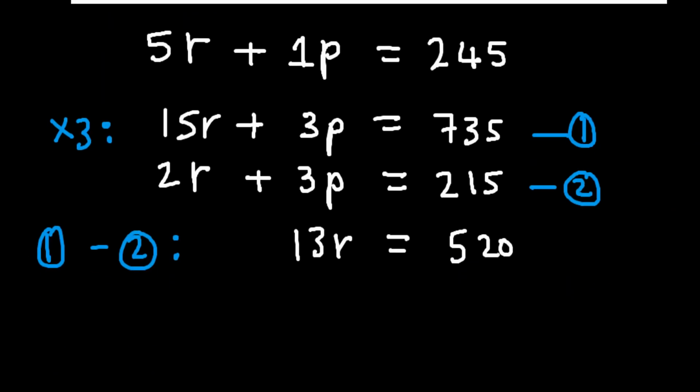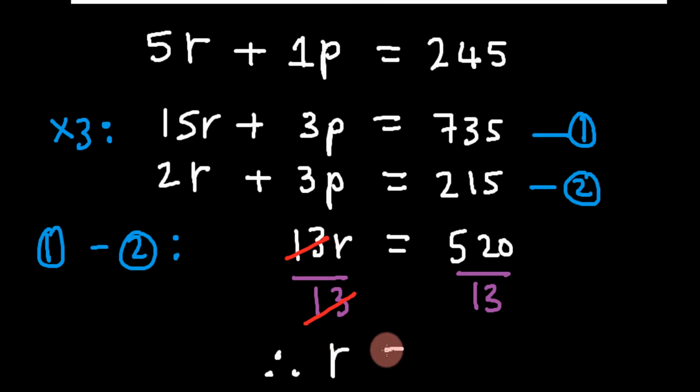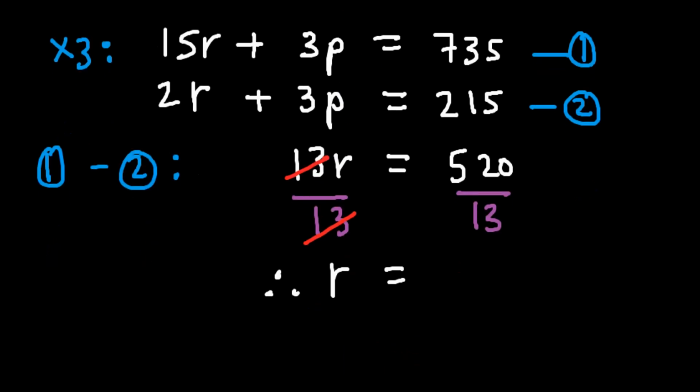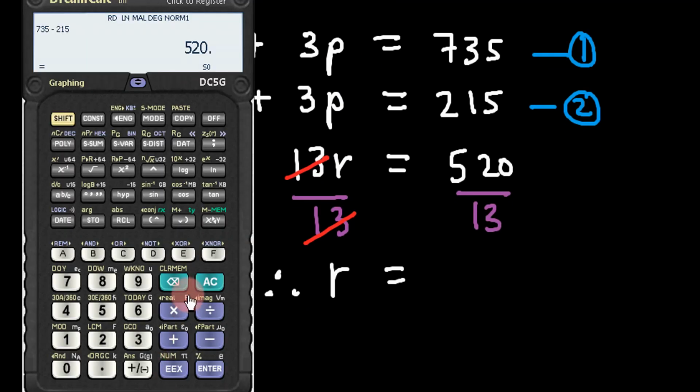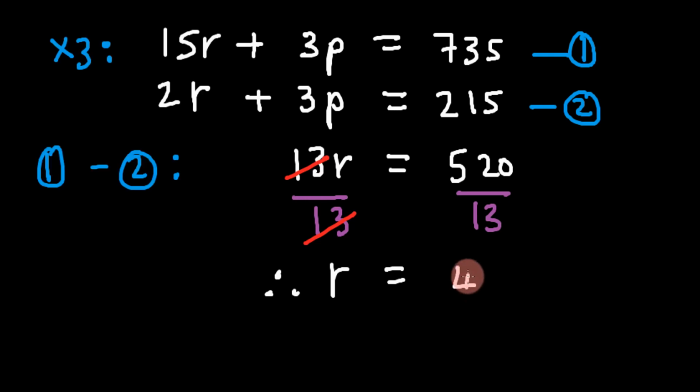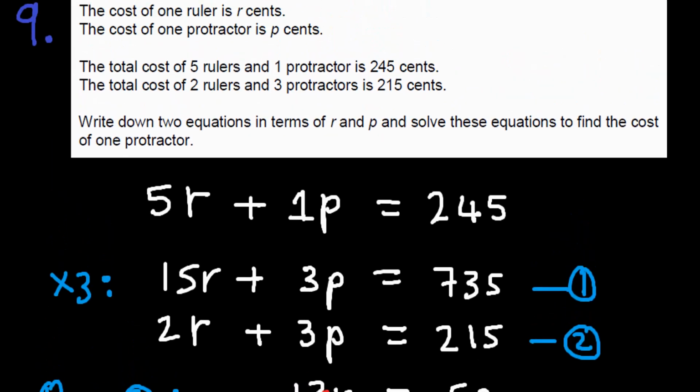Now we can solve for R. We can divide both sides of the equation by 13. So the 13s will cancel on the left-hand side, and we're left only with R. So 520 divided by 13, and that comes to 40. So basically 40 cents.